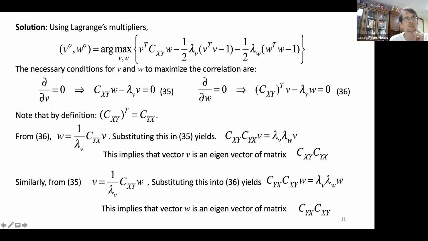Professor? Yeah, go ahead. In equation 36, there was a question about whether that should be lambda sub w. Oh my goodness, yes, that's lambda w. This one is a typo. Lambda w, I'm sorry about that.